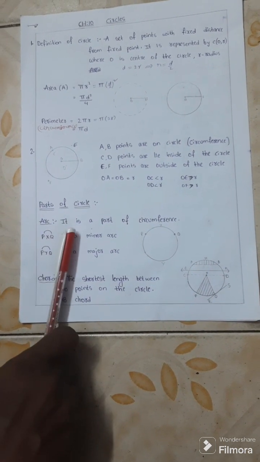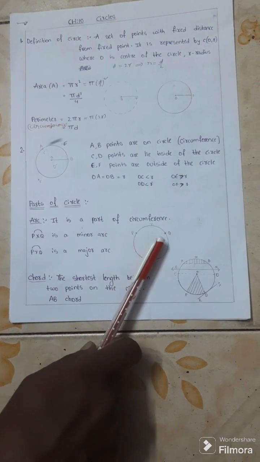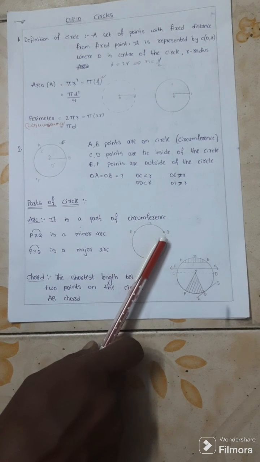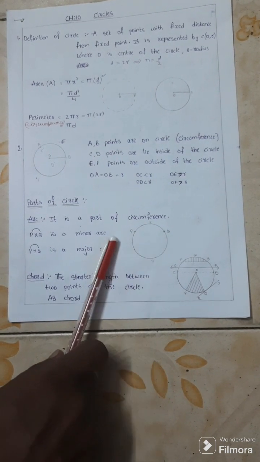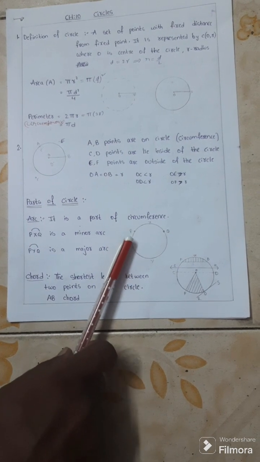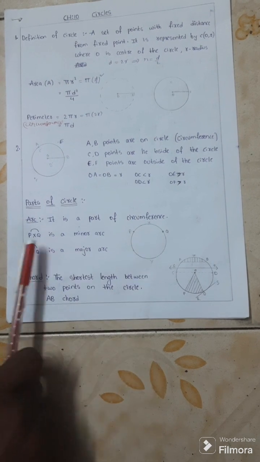An arc is a part of the circumference. Suppose I have drawn a dotted line from P to Q, and on the downside another one from P to Q. To differentiate these two, I kept X on the upside, so it is PXQ.